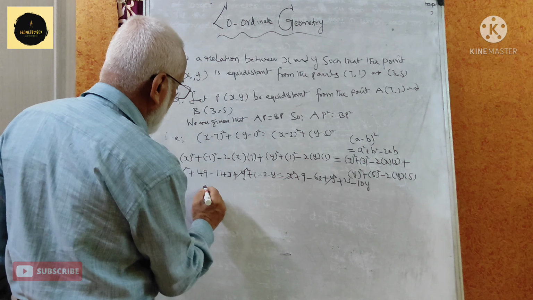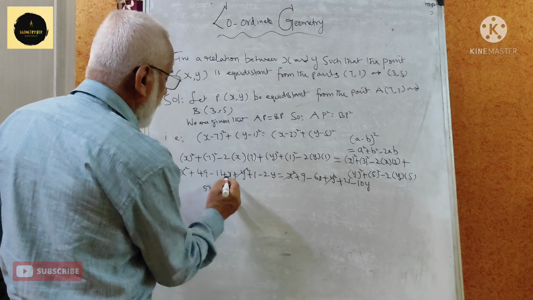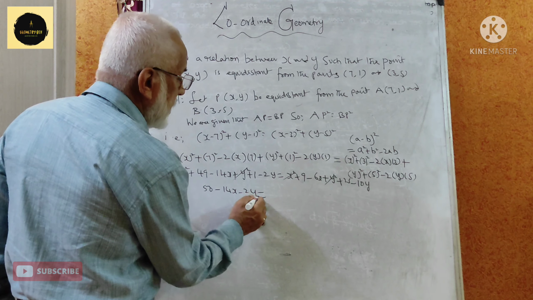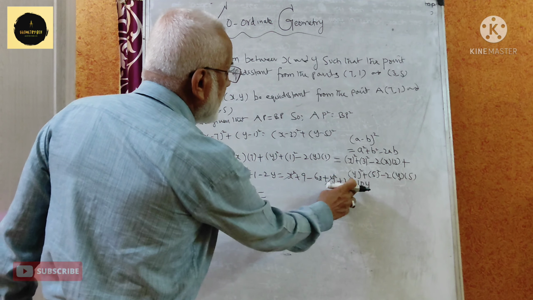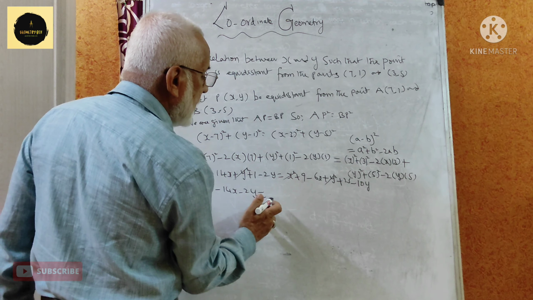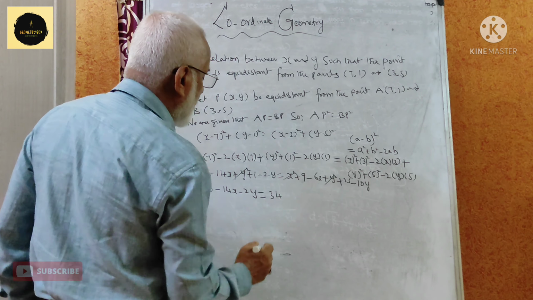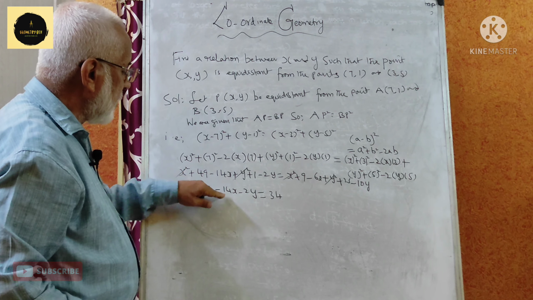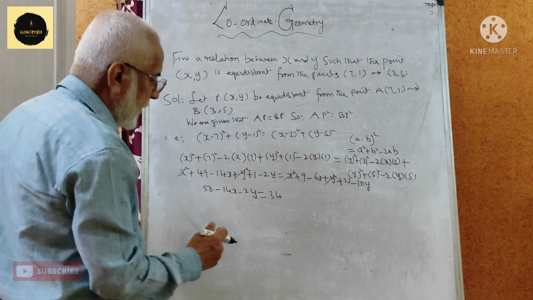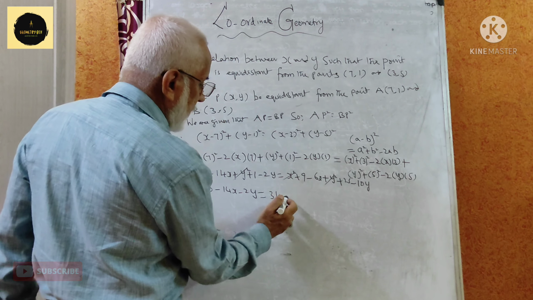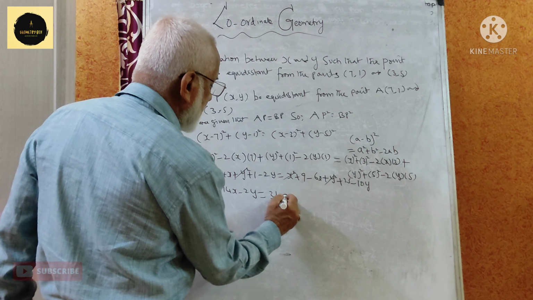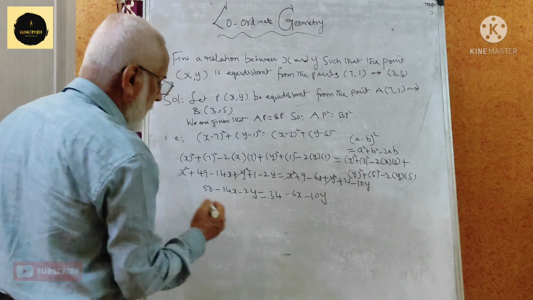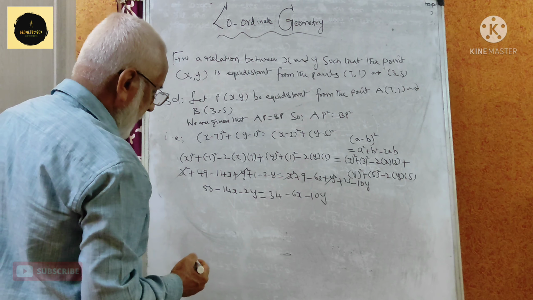It is 50, so 50 minus 14x minus 2y is equal to, on the right hand side, 9 plus 25, how much is it? 34, then again minus 6x minus 10y.